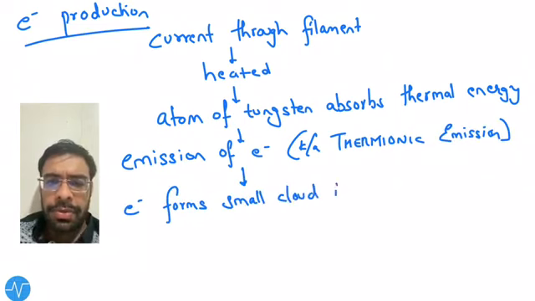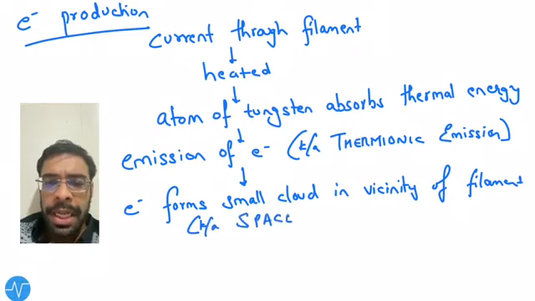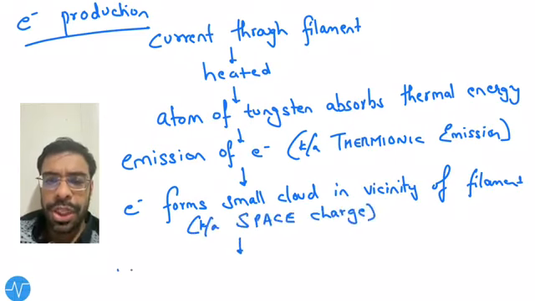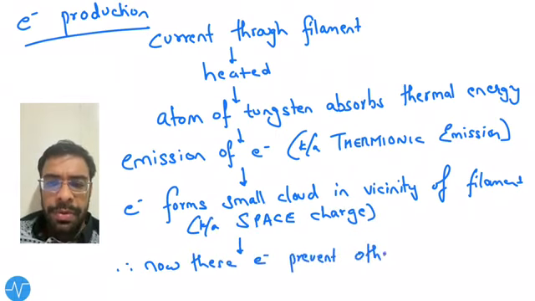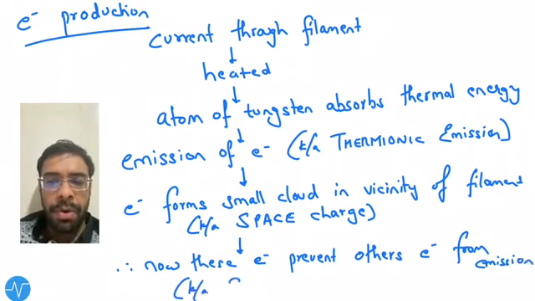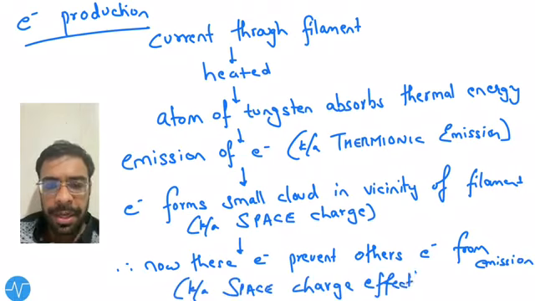These electrons released from the filament form a small cloud in the vicinity of the filament. This is known as space charge. These electrons forming a cloud will prevent other electrons from being emitted. This is known as the space charge effect.